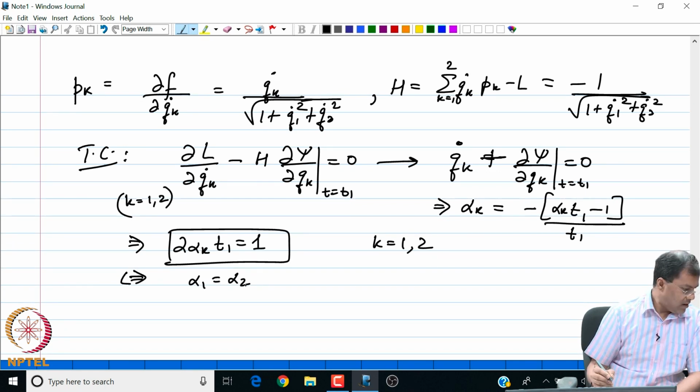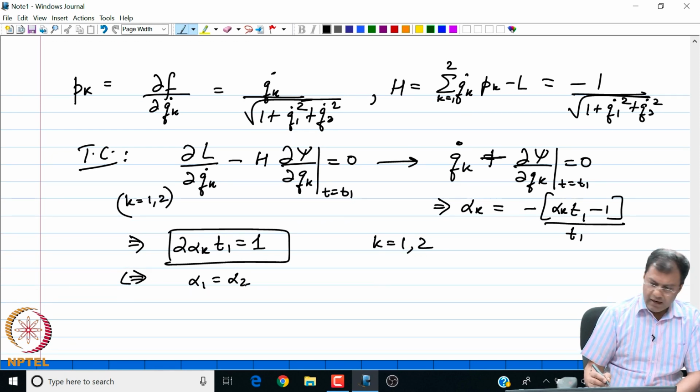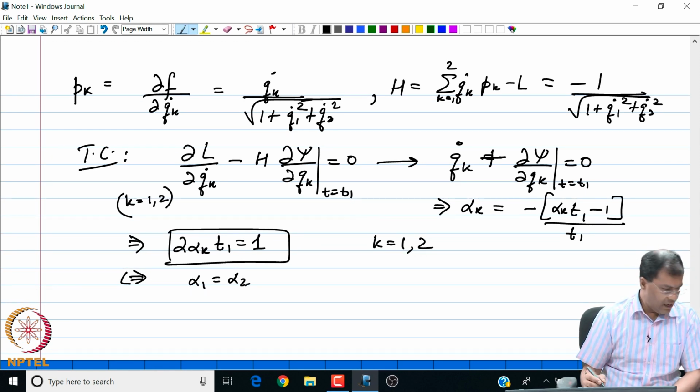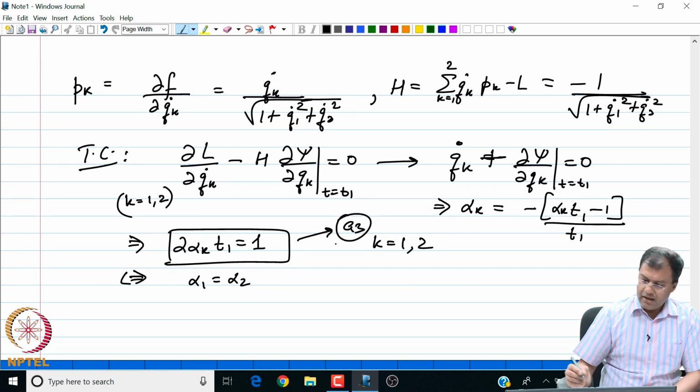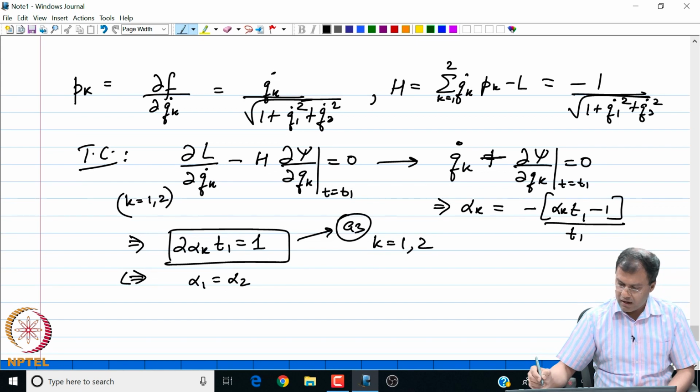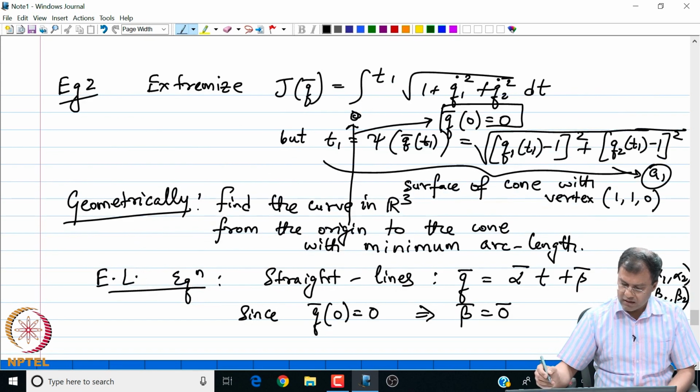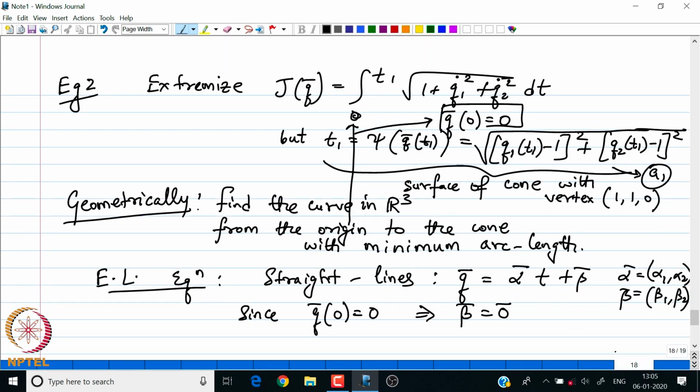This is equivalent to saying that alpha 1 is equal to alpha 2, right. Let me renumber some equations. I call this A3, and I call the equation of the straight line A2.